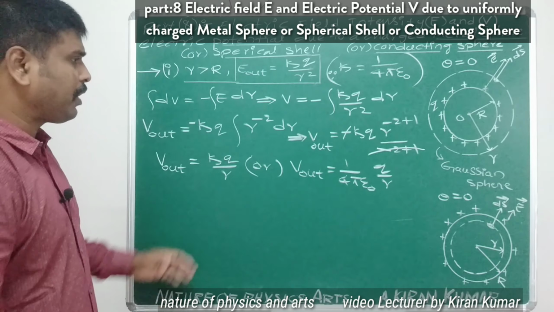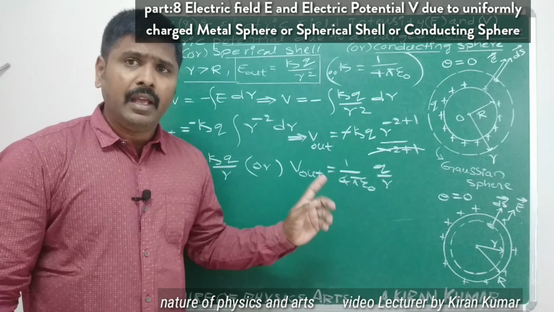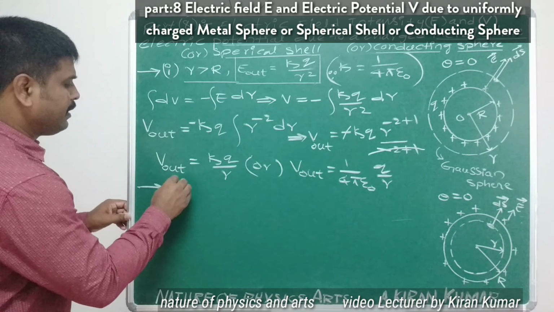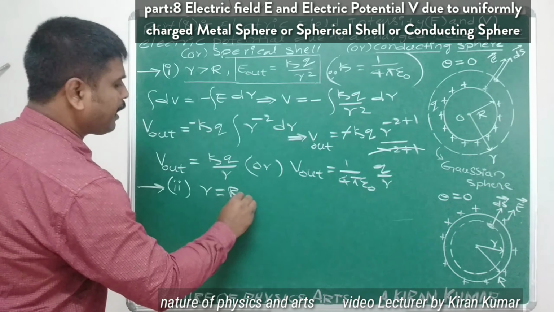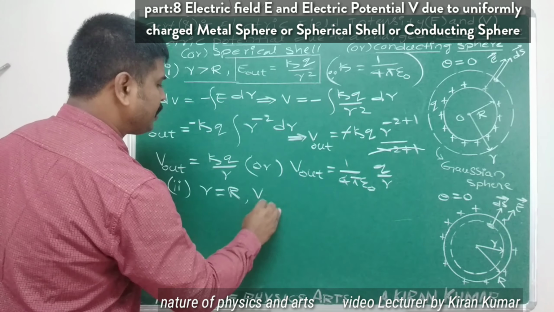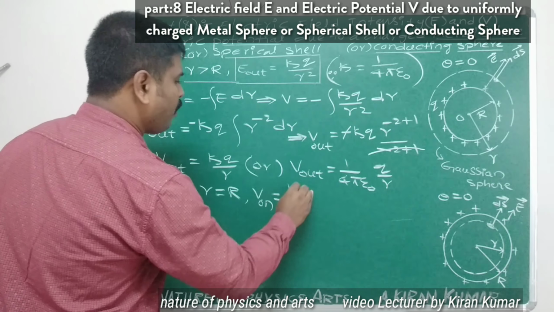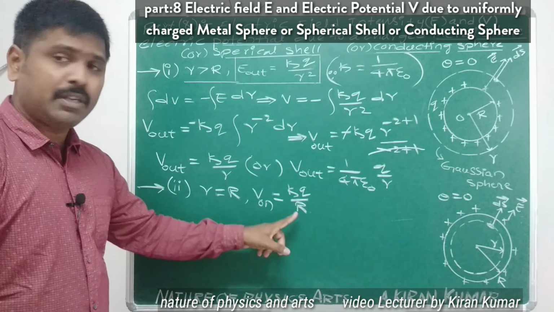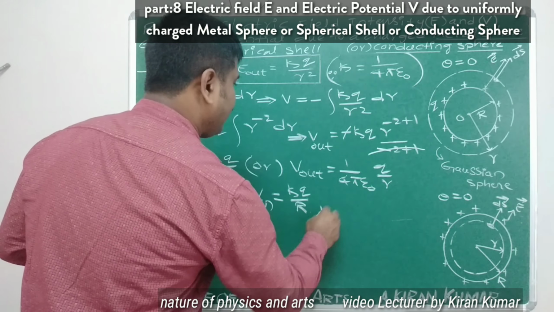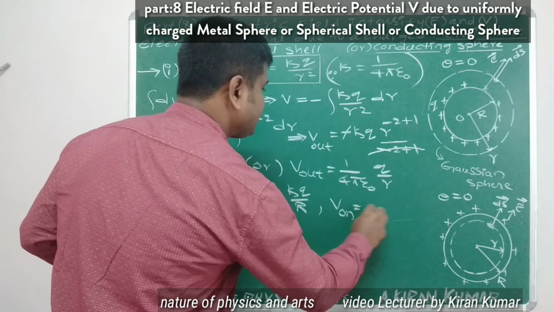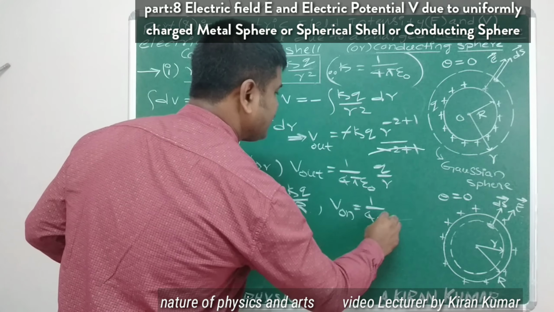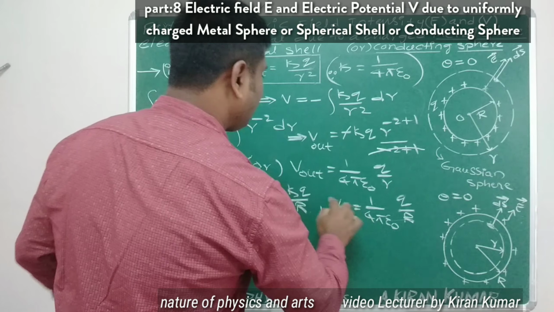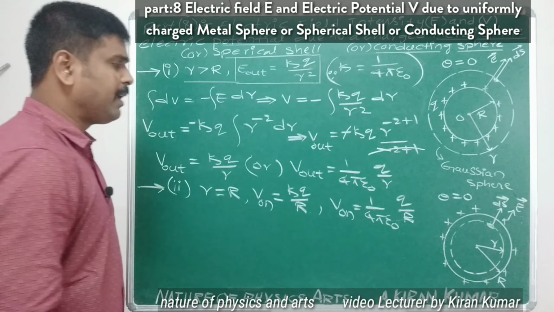This is the electric potential outside the spherical shell. Next, second: small r equal to capital R, the electric potential on the surface, is kq divided by capital R, just replacing small r with capital R. V_on the surface is 1 by 4 pi epsilon naught, q divided by capital R.